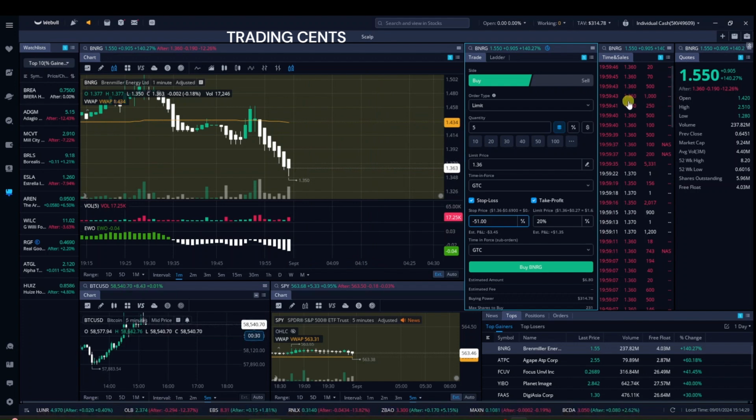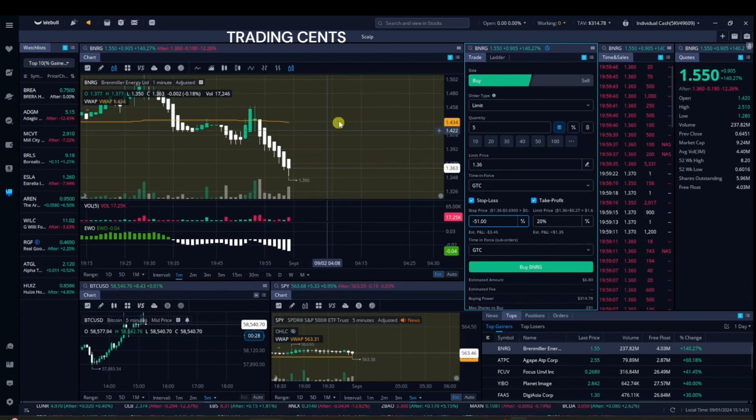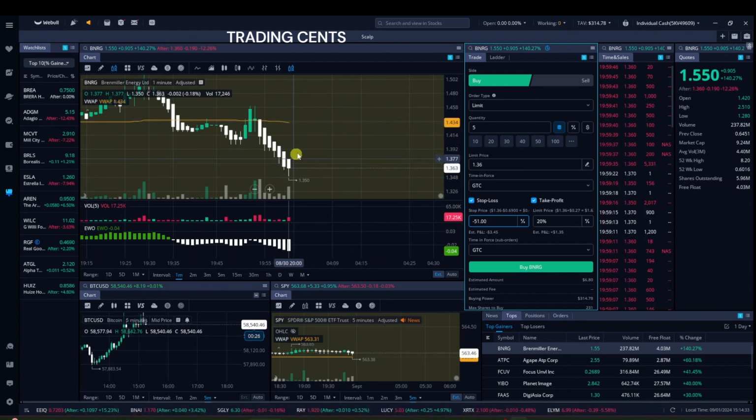When it is in a feeding frenzy mode and just being traded heavily and the price is running up quickly, this will be flying by and scrolling by so fast you couldn't read the numbers even if you tried. So I can see this out of my peripheral as I'm looking at a chart or down here. It's just to show me how much action, how fast this is moving on a ticker I'm looking at.